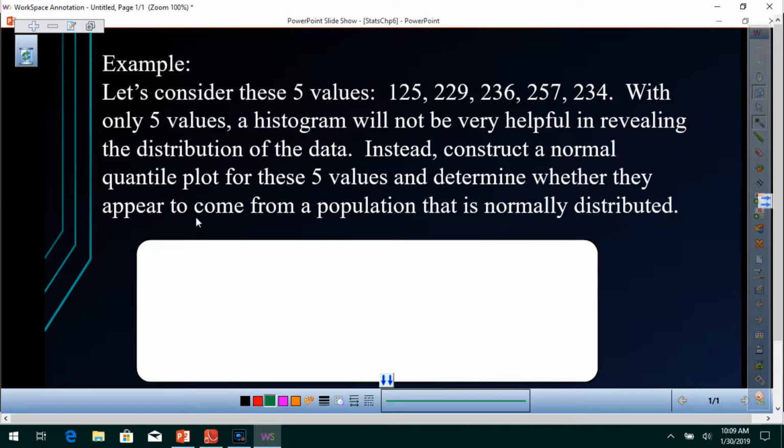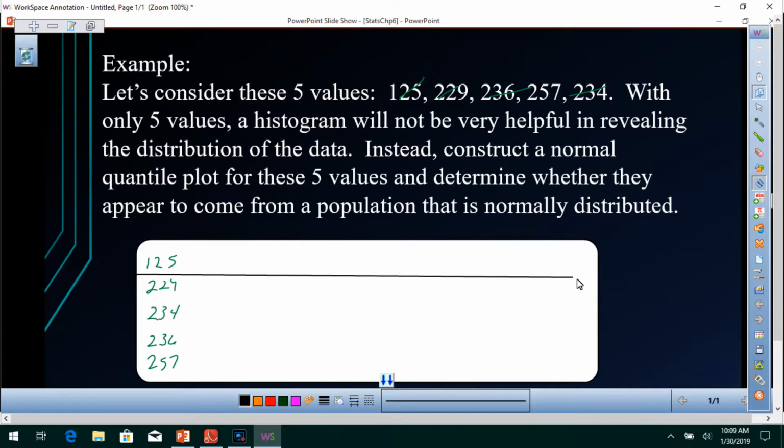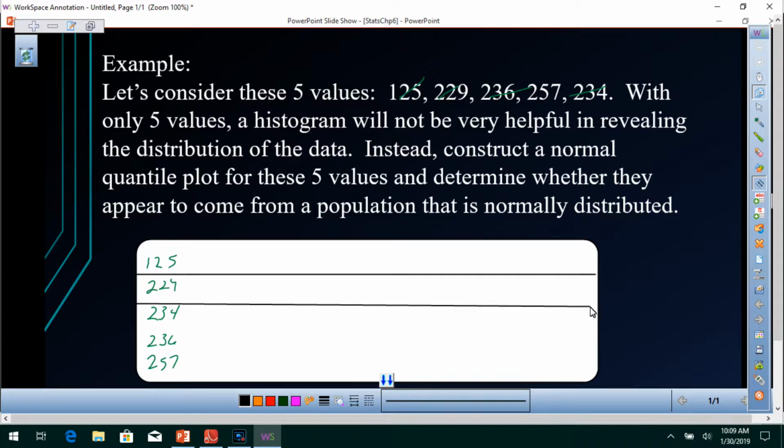So I've got 125, 229, 234, 236, and 257. I'm going to draw some lines across here, to make it a little bit easier to keep up with.